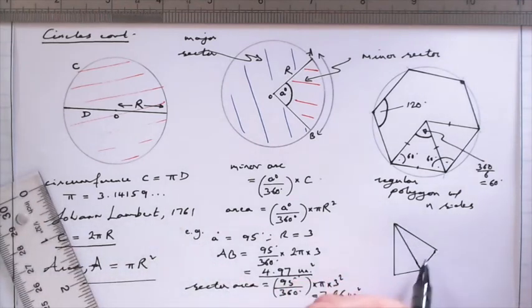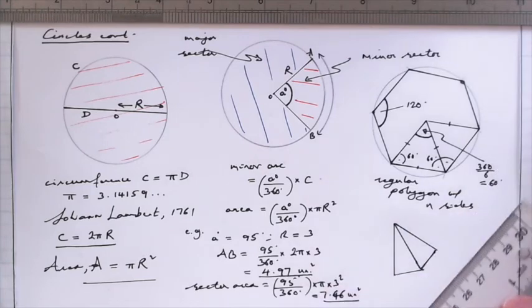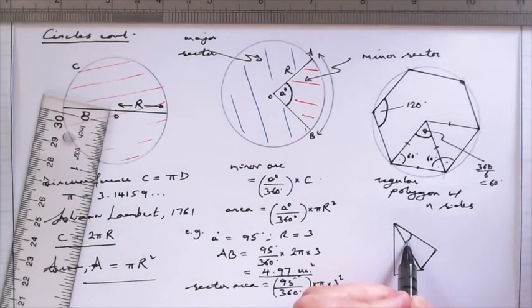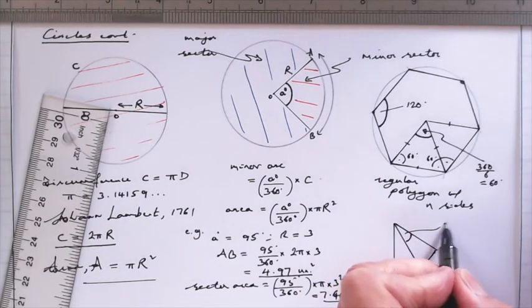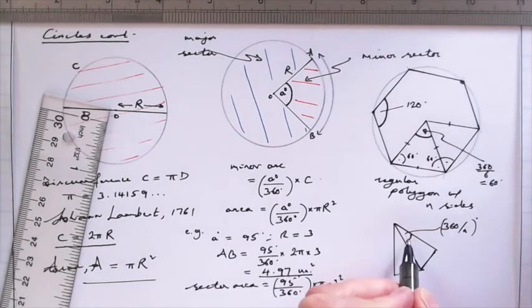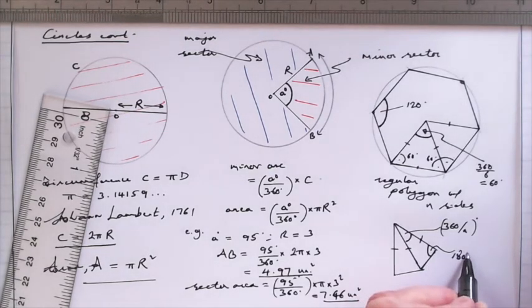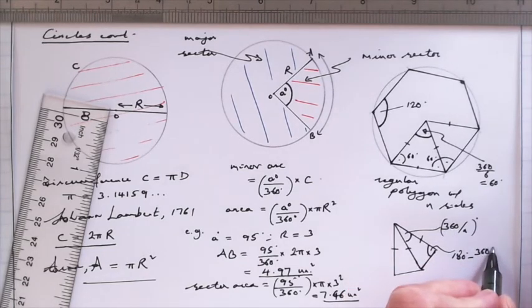And here are 2 of the slices. The only point I want to make is that this angle here will be 360 divided by n degrees. And these are all radii of the circle, so this angle here will be 180 degrees take away this 360 degrees divided by n, all divided by 2.